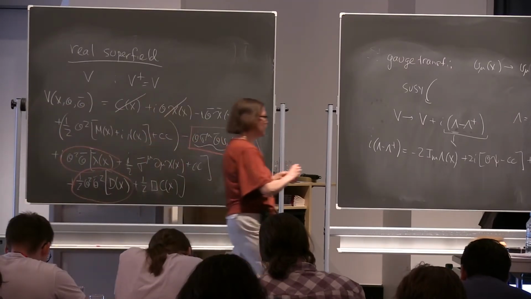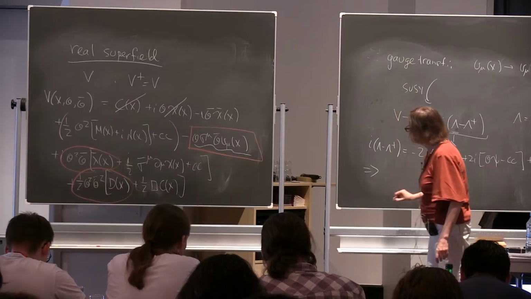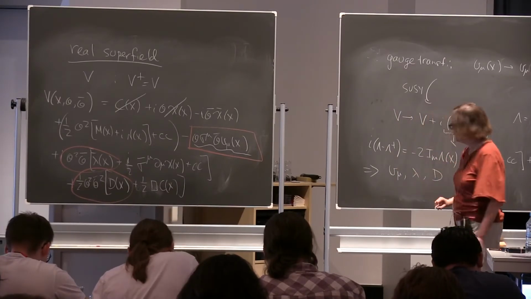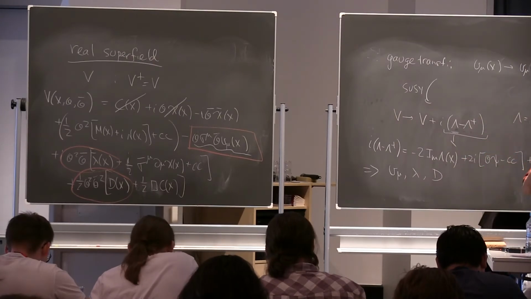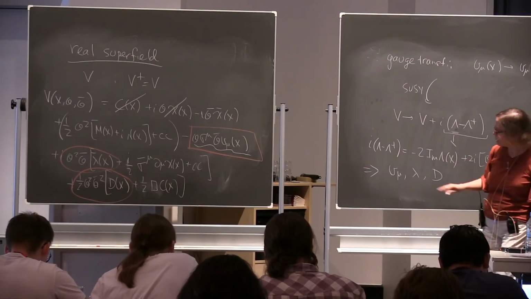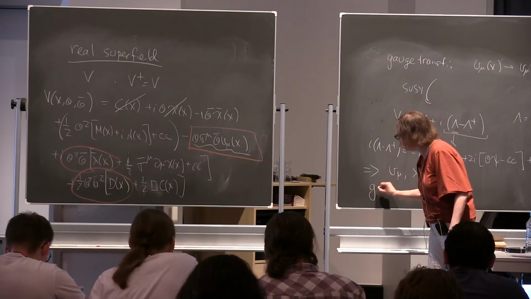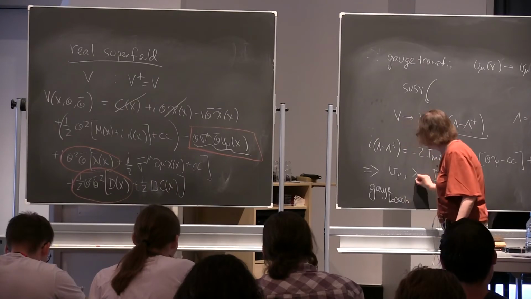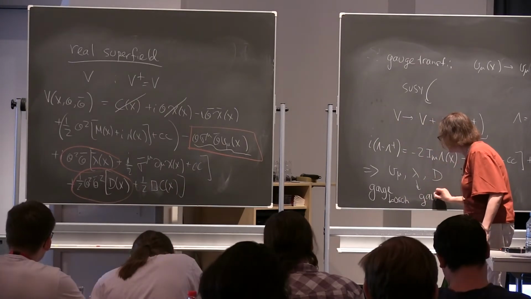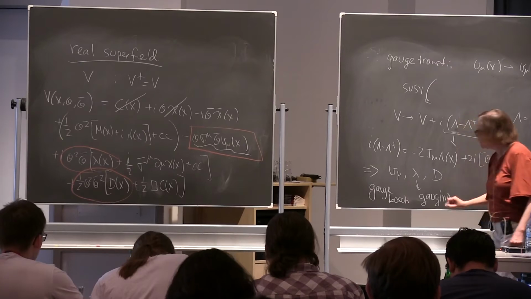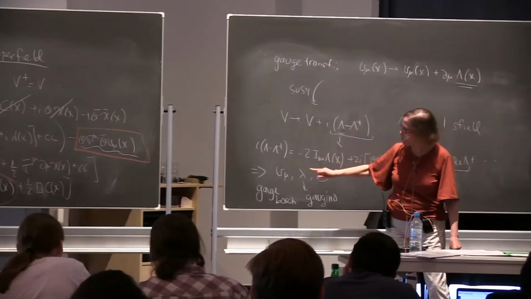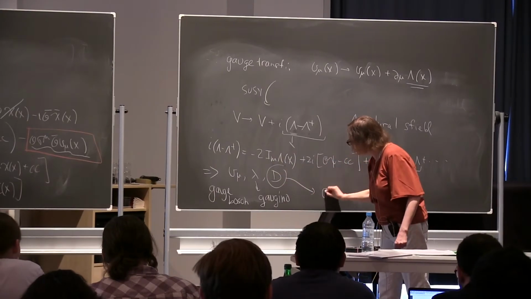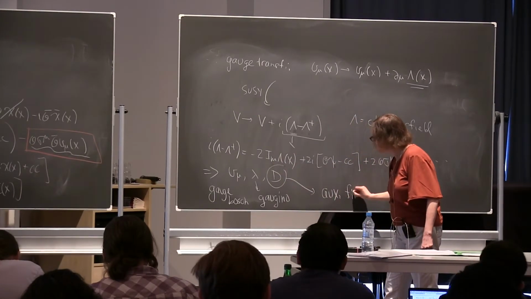So after doing this gauge transformation, what we're left with is just V mu, lambda, and D. What are these things in standard language? This is the gauge boson. This is the gaugino. It's a real fermion, a Majorana fermion. And this guy, just like we had before, is an auxiliary field.